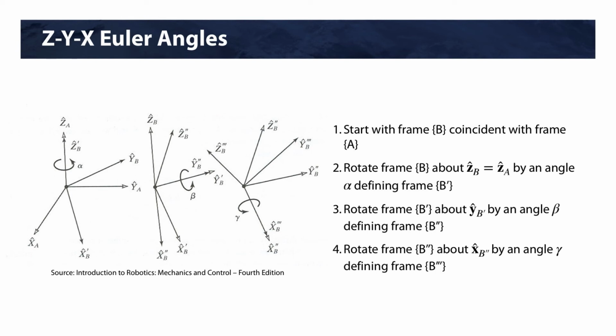So for Euler angles, we post-multiply. We write our rotations out in the order that they appear. We did a rotation about Z first, by alpha. We did a rotation about the y-axis by beta.